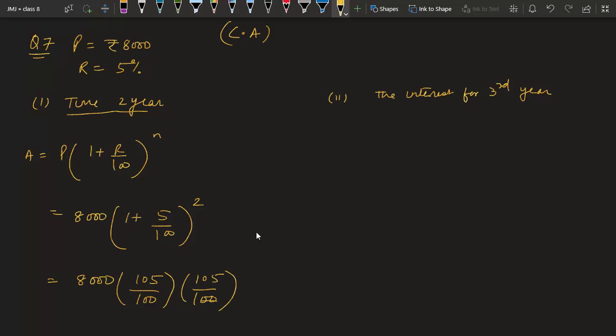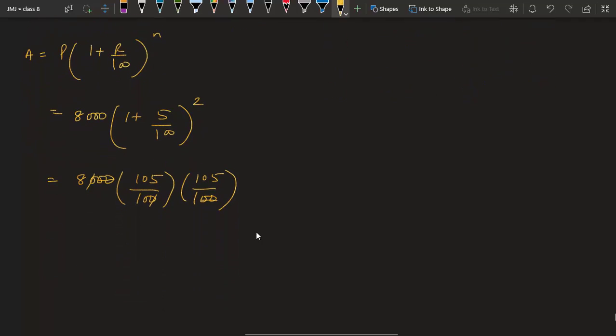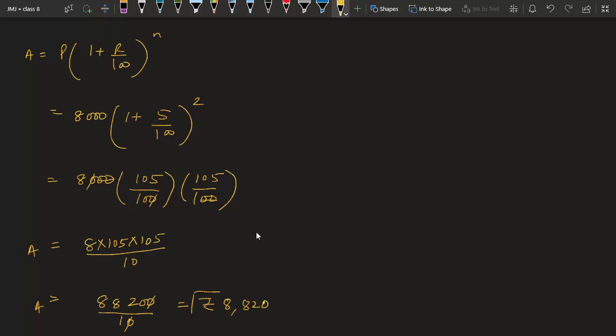Now these two zeros cut these two zeros, this single zero cut this single zero, and we are left with 8 into 105 into 105 upon 10, which is equal to 88,200 upon 10, that is your amount after 2 years, 8,820 rupees. That means the interest earned in 2 years is rupees 820.